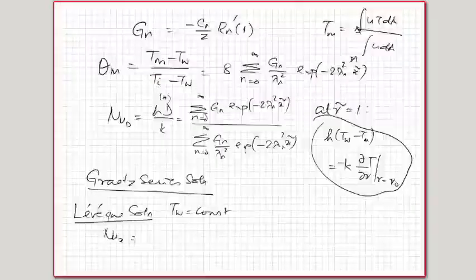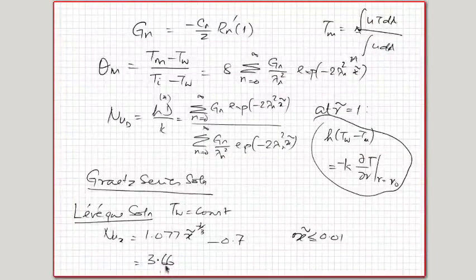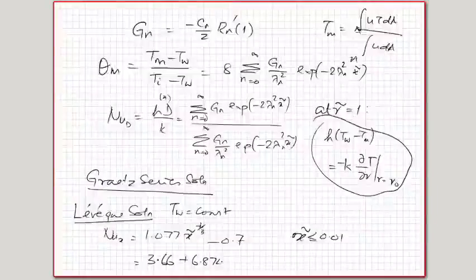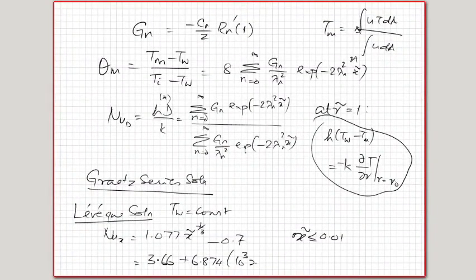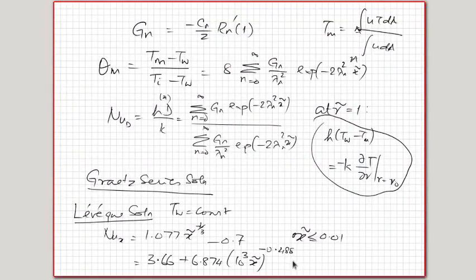Nu_x is equal to 1.077 x tilde raised to the power of minus 1 by 3 minus 0.7 for x tilde lesser or equal to 0.01, and this should be equal to 3.66, which you recognize as the fully developed Nusselt number, plus 6.874 into (10 to the power of 3 x tilde) whole thing raised to the power of minus 0.488 into exponent of minus 57.2 into x tilde.